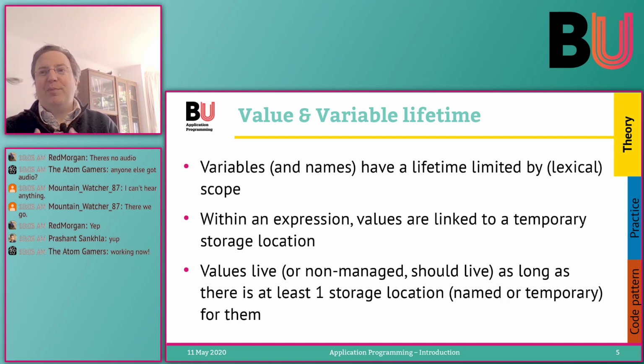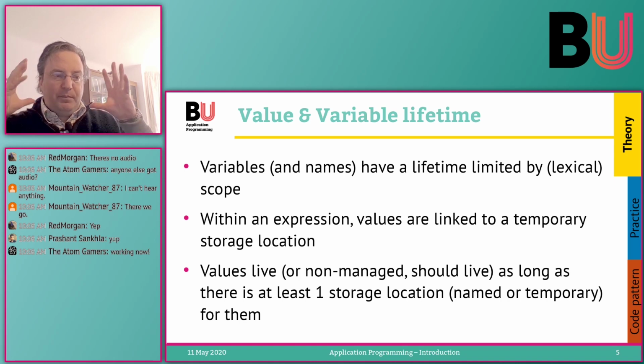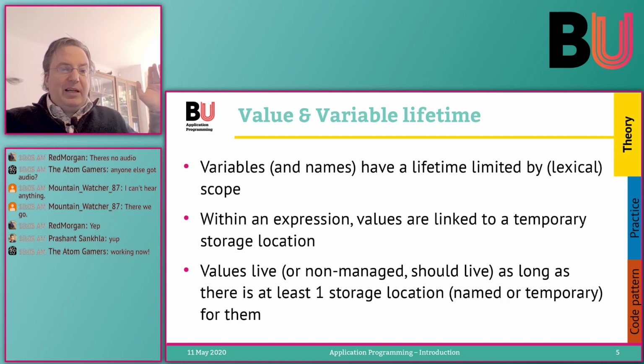Or it falls back to another thing with the same name. And if you do that, that's called shadowing. Not a very good idea in general. Sometimes it's okay, but you need to be very careful that it doesn't become confusing. But a name that falls out of scope disappears. The value attached to that may not.